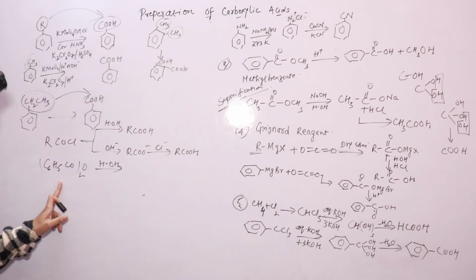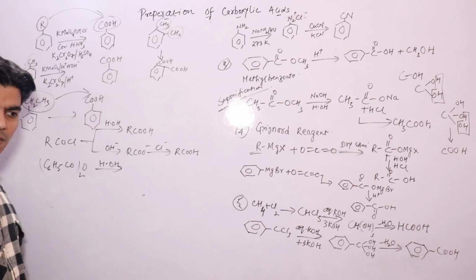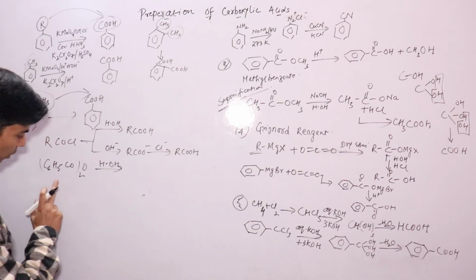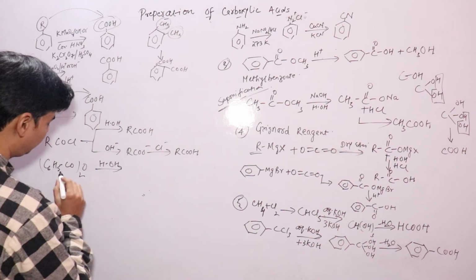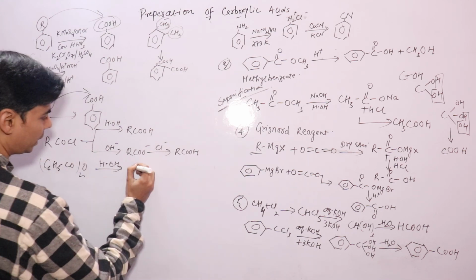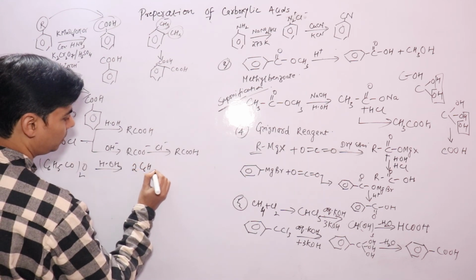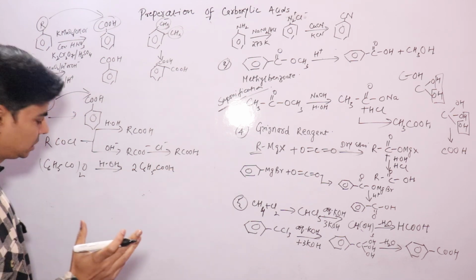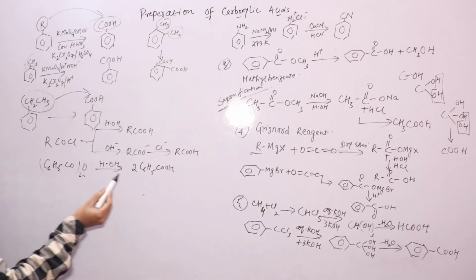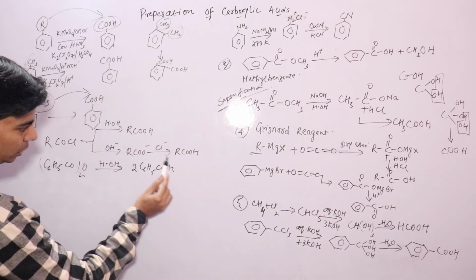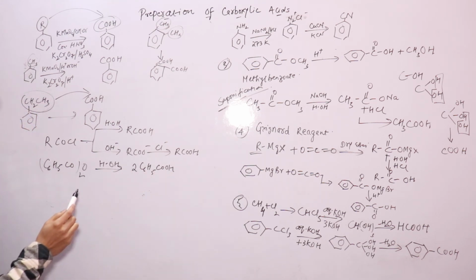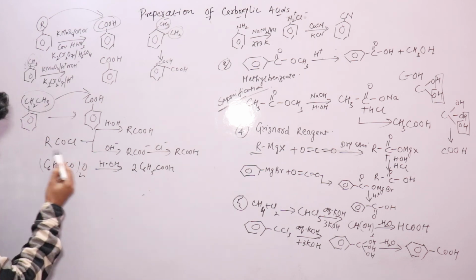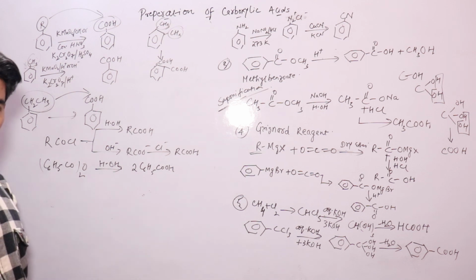So when a water molecule is eliminated from two molecules of carboxylic acid, it forms this anhydride, and it will undergo hydrolysis to form the carboxylic acid group. Basically what you are doing is a reverse reaction. To prepare the carboxylic acid back, you are taking this acid anhydride and adding water to it. It will form carboxylic acid.